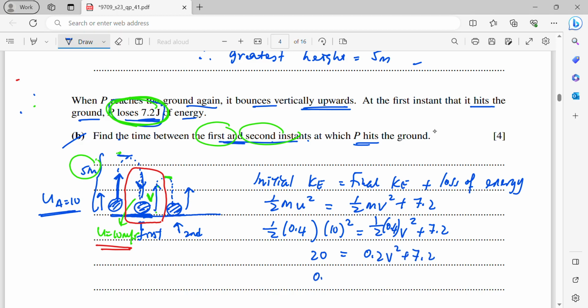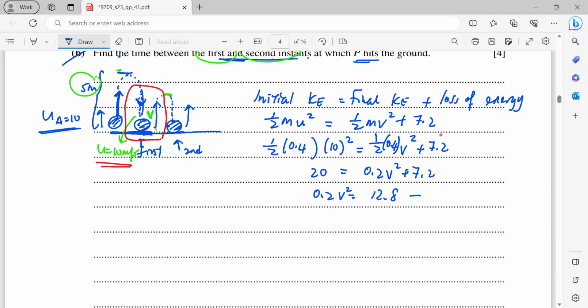So 0.2 v squared is 20 minus 7.2, which is 12.8. Then the v squared is going to be 12.8 divided by 0.2. Then you will get 64. Hence your v is going to be 8.